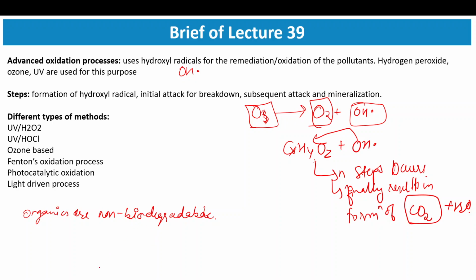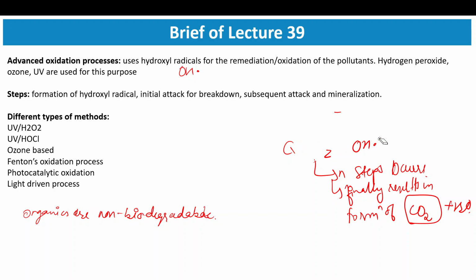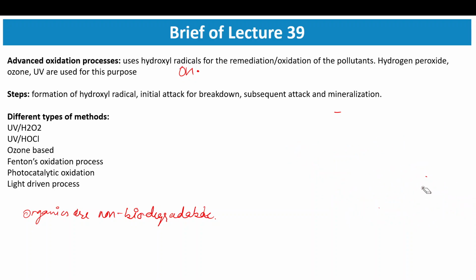Now this OH radical formation can be achieved using multiple chemicals and multiple methods. Depending on that, there are multiple types of advanced oxidation processes. First is UV plus H2O2, where UV light, which is high energy electromagnetic radiation, causes the breaking of bonds and makes free radical formation very easy.